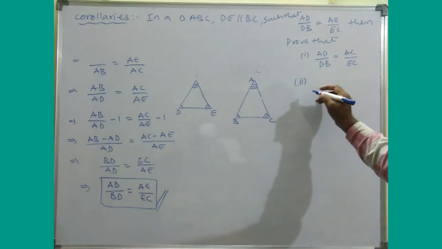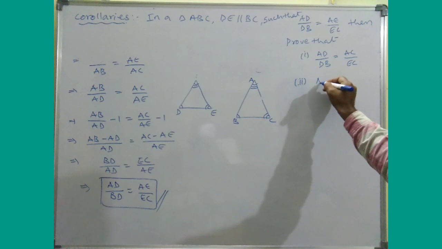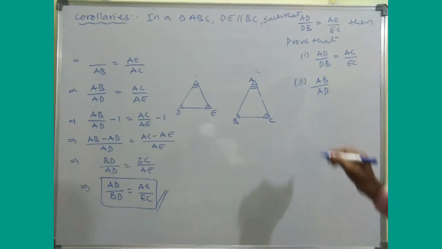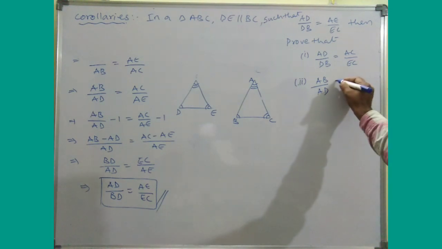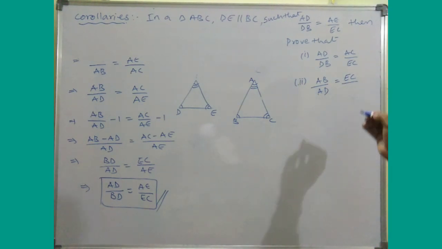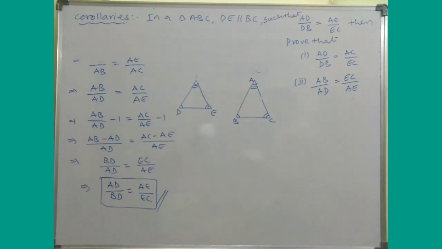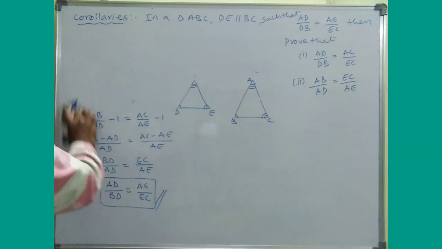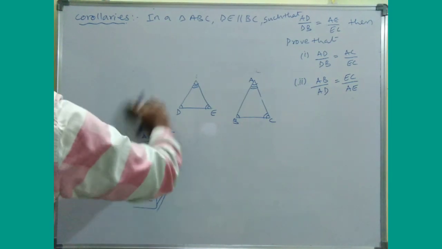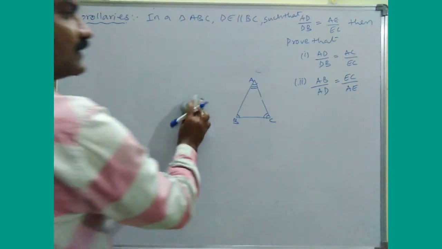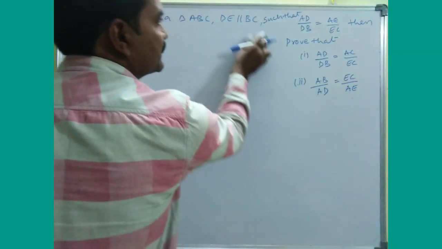Second one, AB by AD is equal to EC by EA. Can you try? How to prove these results?